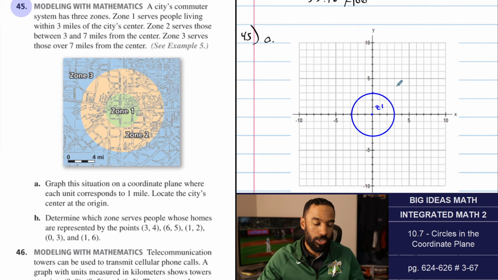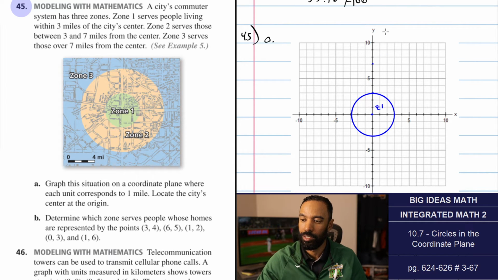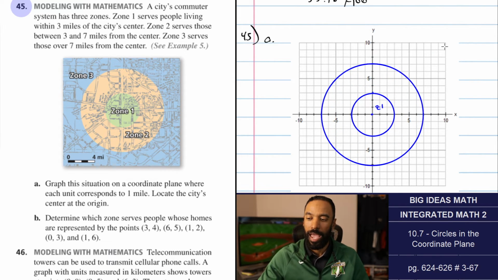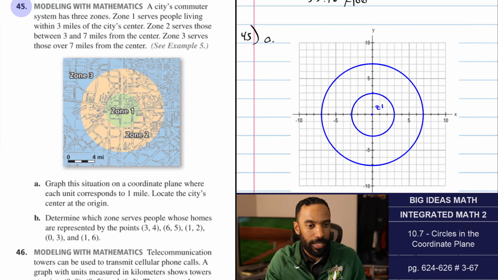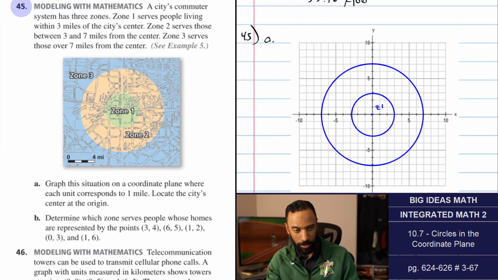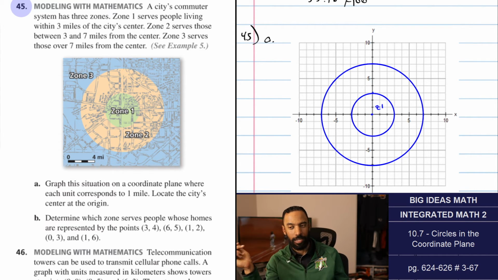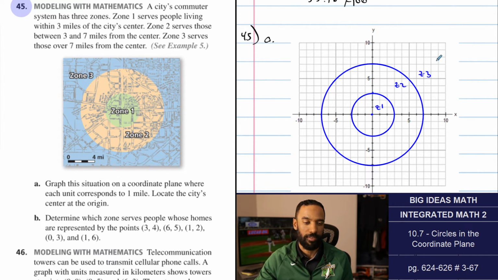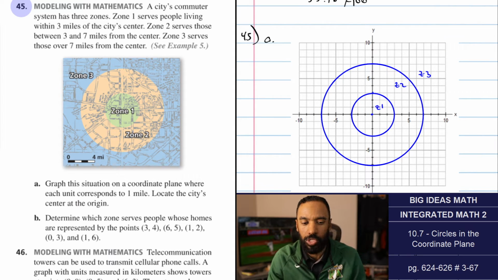Z2, zone 2 is between 3 and 7 miles: 4, 5, 6, 7. And then zone 3 is over 7 miles, so it doesn't really have an ending part. It just is zone 3. So there's zone 1, there's zone 2, and zone 3, pretty much everything else.